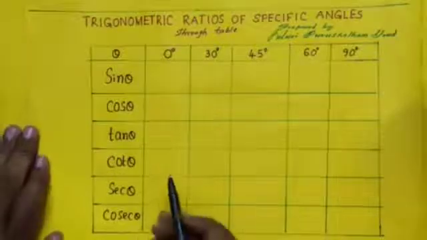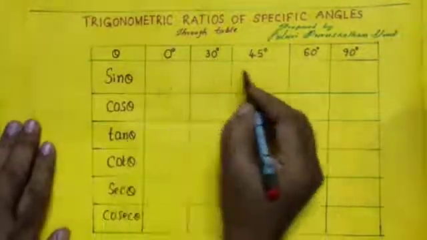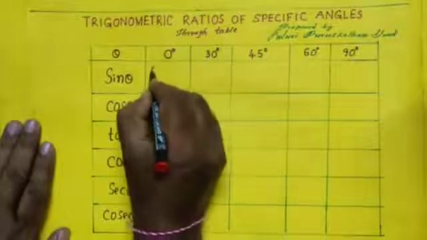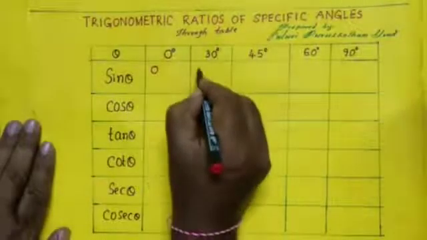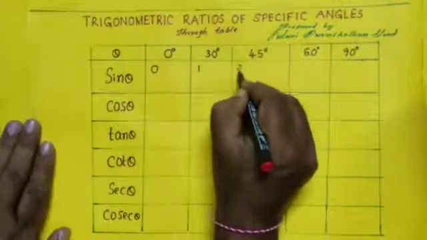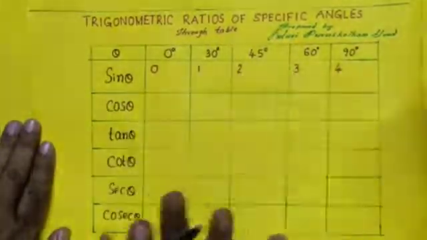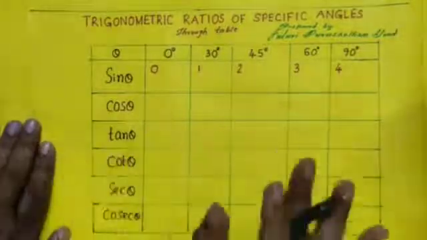Okay, first, why am I writing these numbers? I am simply writing 0, 1, 2, 3, 4. There is no proof for this.